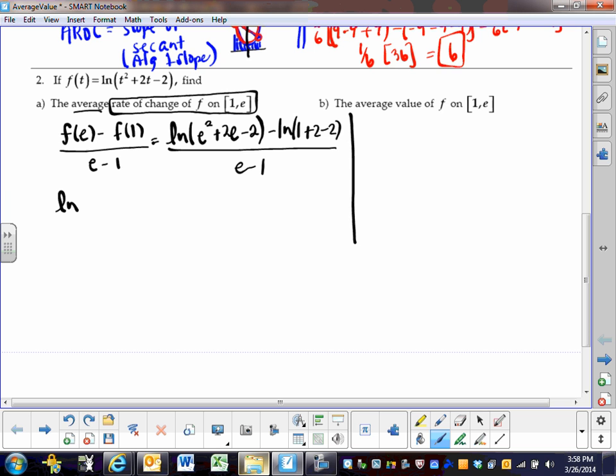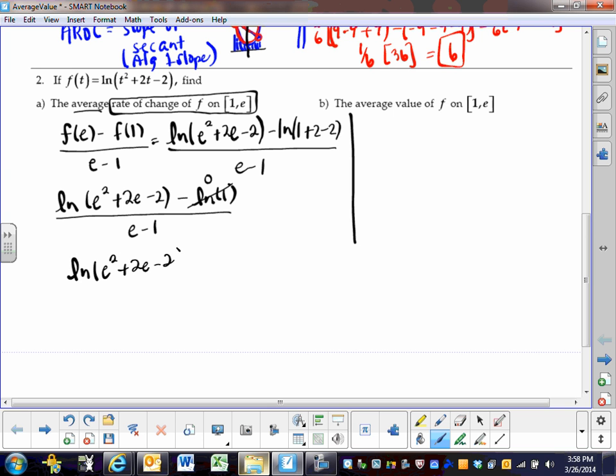So that's the natural log of e squared plus 2e minus 2 minus the natural log of 1, which is 0, over e minus 1. So the natural log of e squared plus 2e minus 2 all over e minus 1.